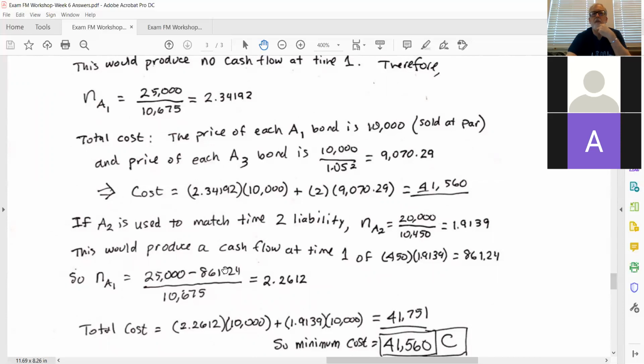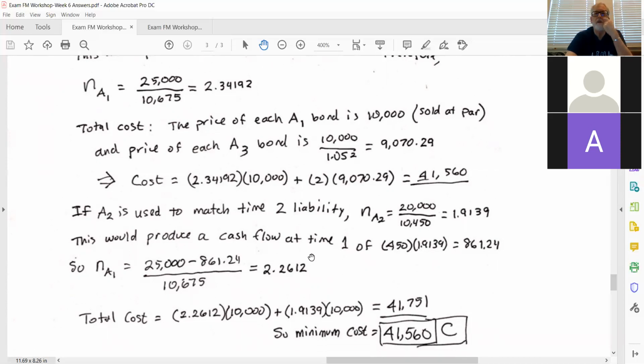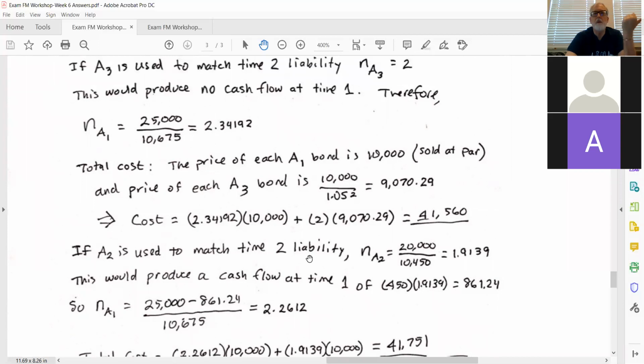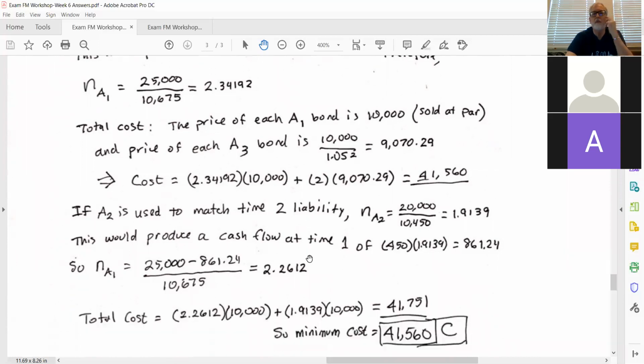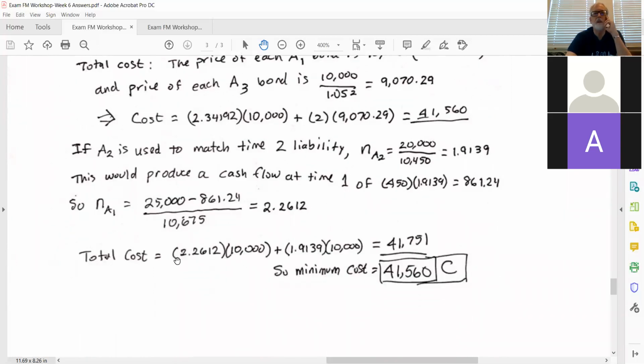So 25,000 minus 861.24 would be the adjusted liabilities, and each of the 1-year coupon bond pays 10,675. So we would need 2.26 of those. And now, since we're using both A1 and A2, the price of each one of those is 10,000.